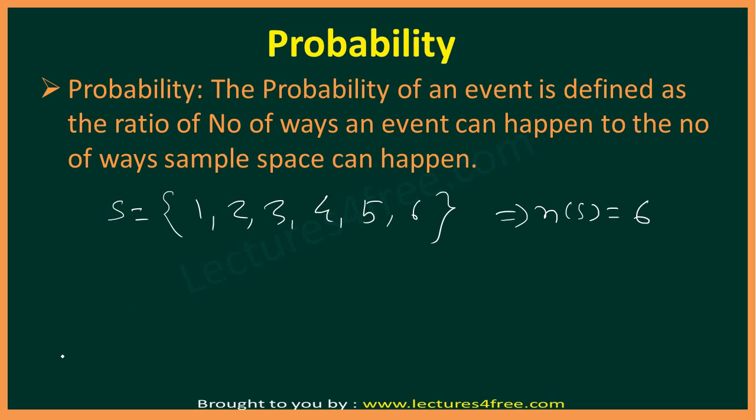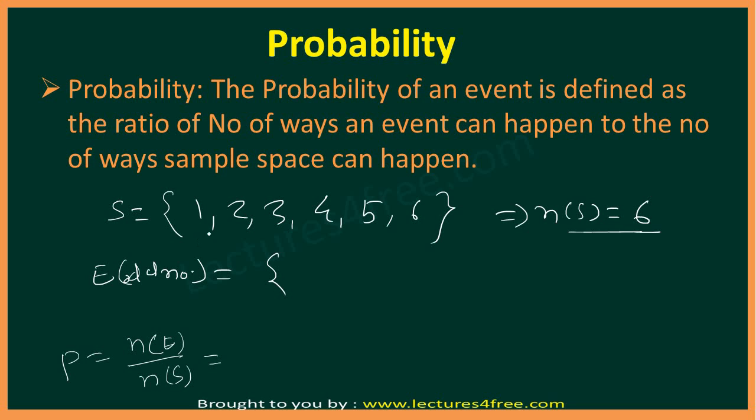So probability is nothing but the ratio of the number of ways an event can happen divided by the number of ways the sample space can happen. Our sample space is 1 2 3 4 5 6, so if you are rolling a die, the number of outcomes is 6. Let's suppose our event is getting an odd number, so we get outcomes 1 3 5.